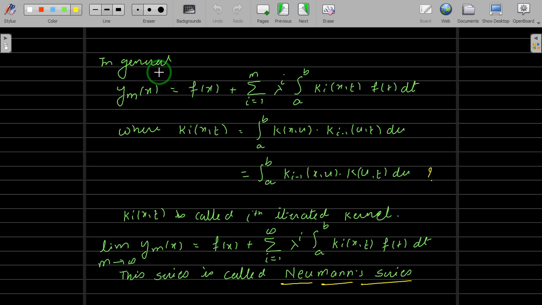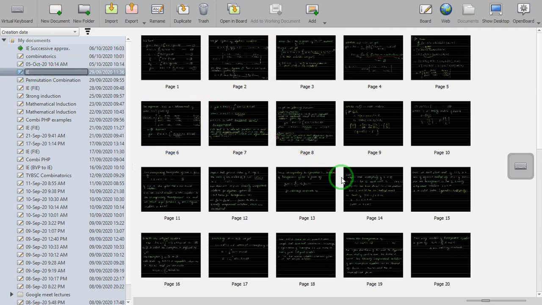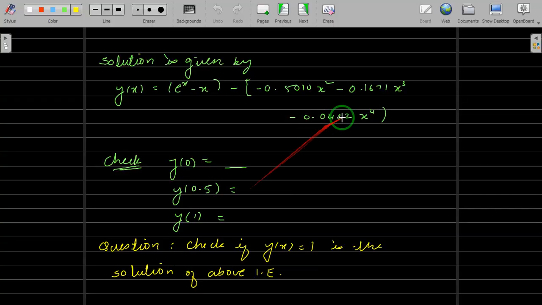You have to find the solution of that system. That is that C1, C2 and all. Yes, C1, C2, C3. It's as good as what you have done previously. Okay, sir. And so when you said find y(x) equal to 1 is the solution of that integral equation. This one, right?